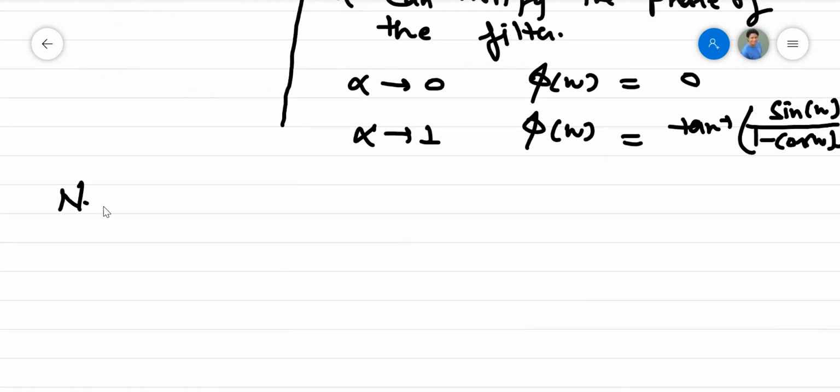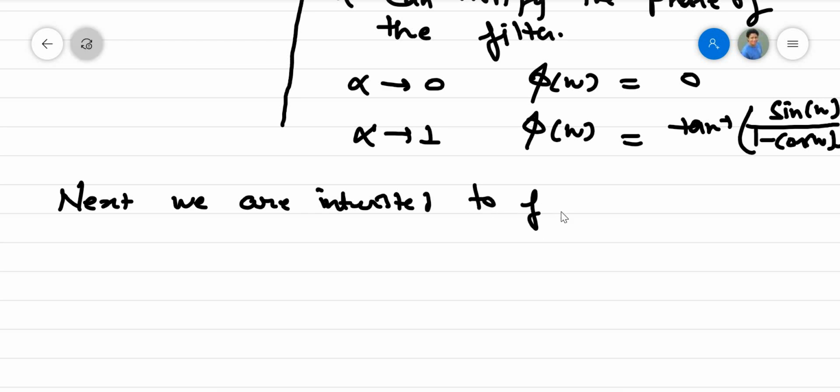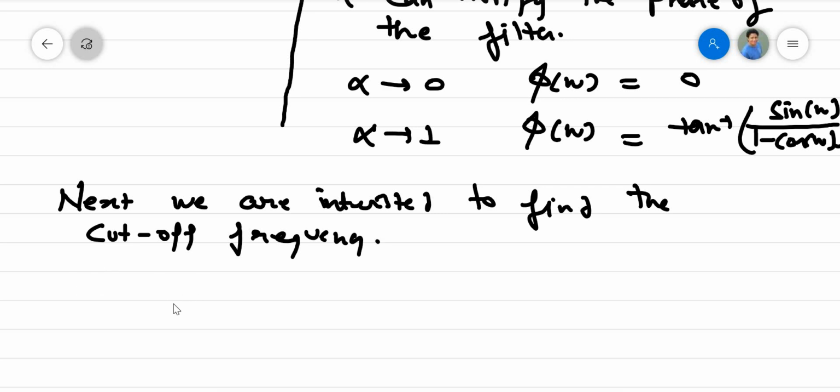Next, we are interested to find the cutoff frequency. For that case we know mod of H omega will be equal to 1 by root 2 at the 3 dB frequency, right?